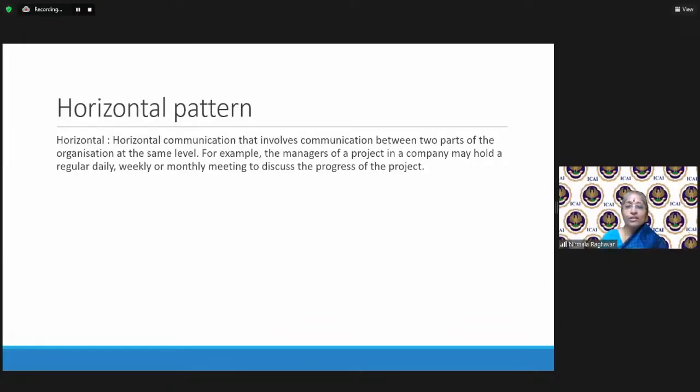For example, the managers of a project in a company may hold a regular daily, weekly, or monthly meeting to discuss the progress of the project. That is horizontal. I'll give you 2 minutes to read quickly.